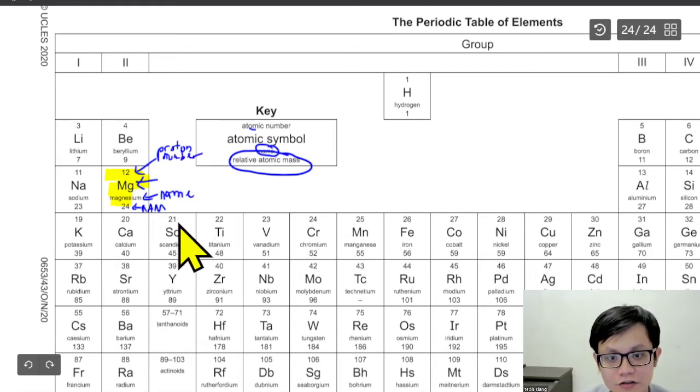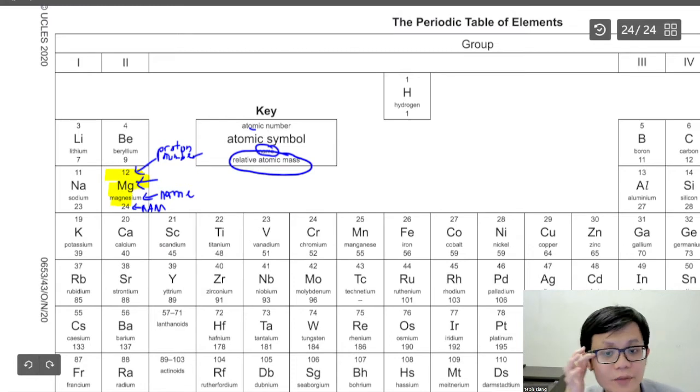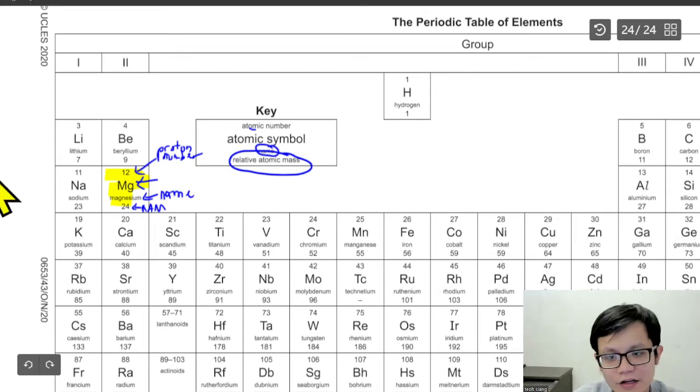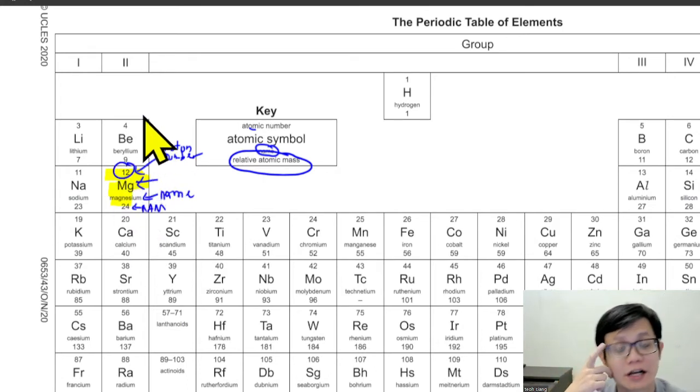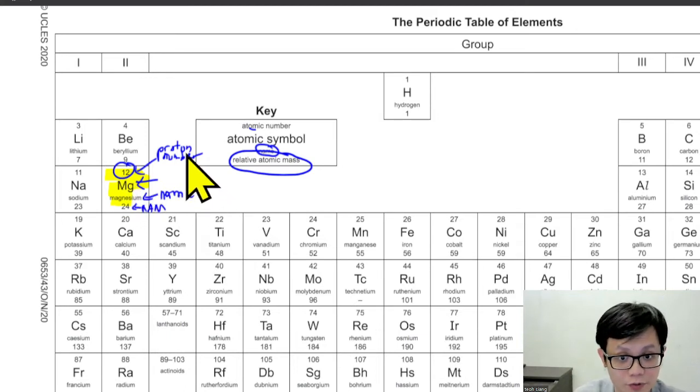Okay, so let's look at the question. From here we can see that the relative atomic mass is not the same as the nucleon number. I don't want to talk about the relative atomic mass now, we just look at this number, 12. 12 means the proton number.